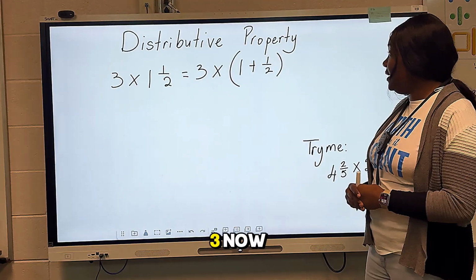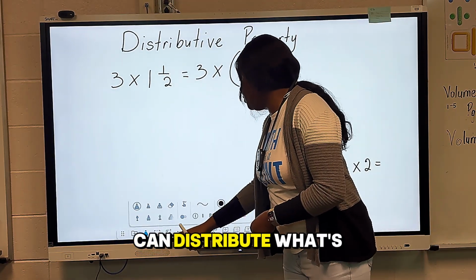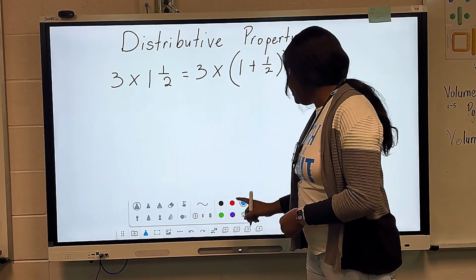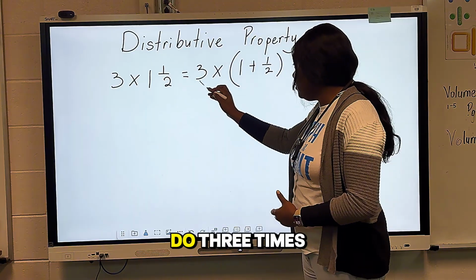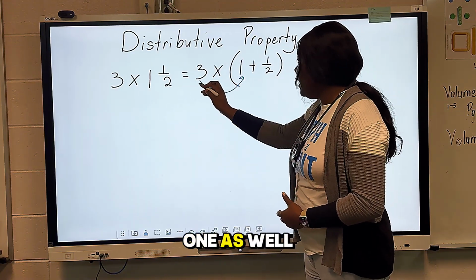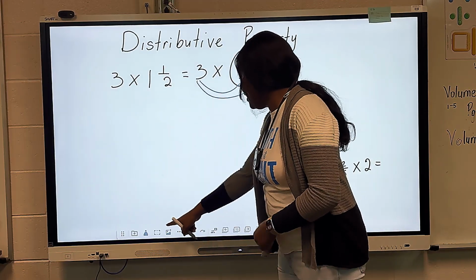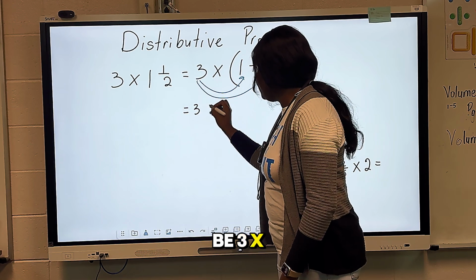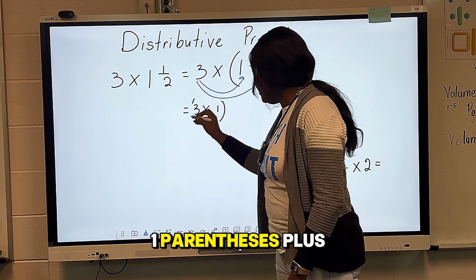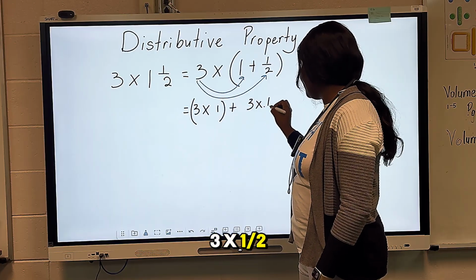So I have 3. Now the distributive property states that I can distribute what's outside of the parentheses to what's inside of the parentheses. So I'm going to do 3 times 1 as well as 3 times 1/2. So let's write that number sentence now. So it's going to be 3 times 1, parentheses, plus 3 times 1/2.